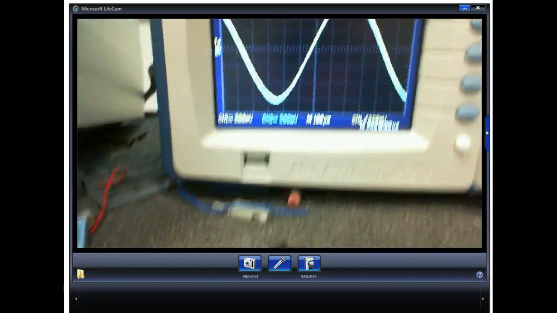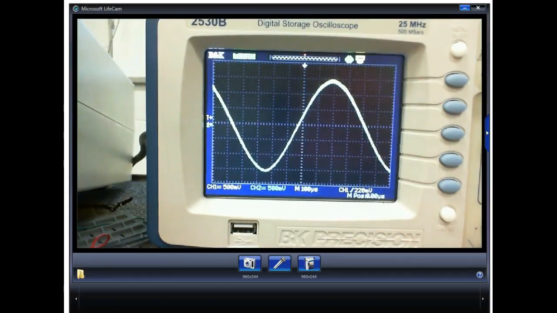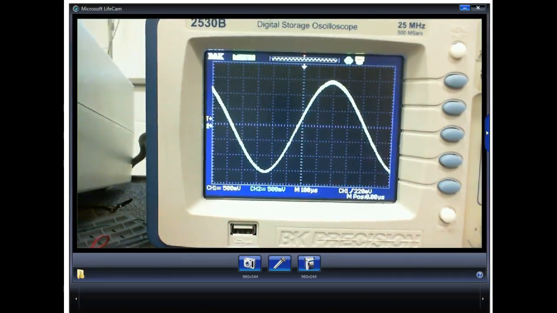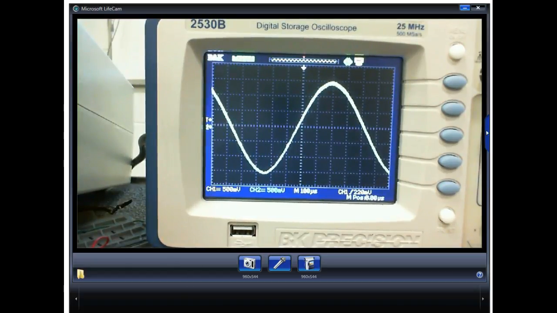RN's a little harder to measure. Anybody remember how we do that? So we got a pot, 10K pot. Now we're going to turn power off.